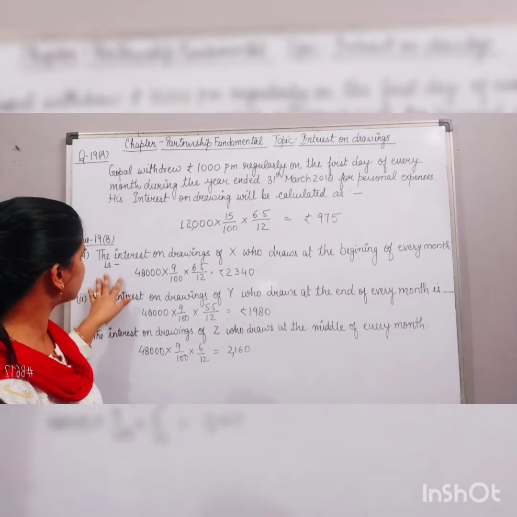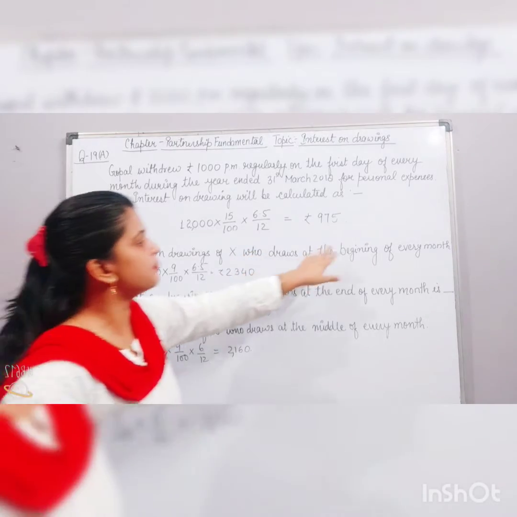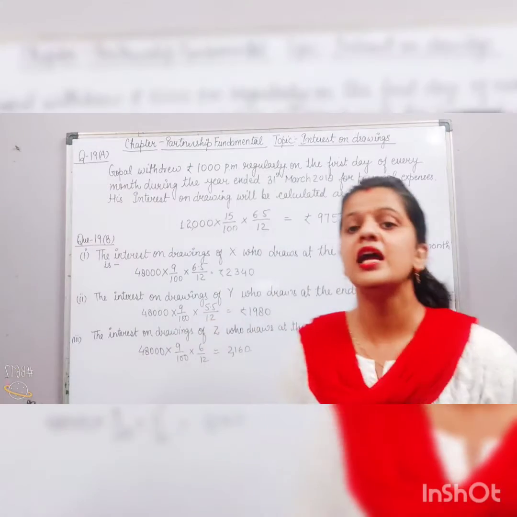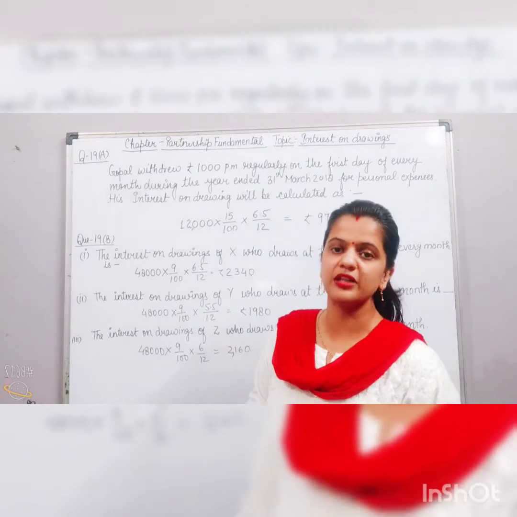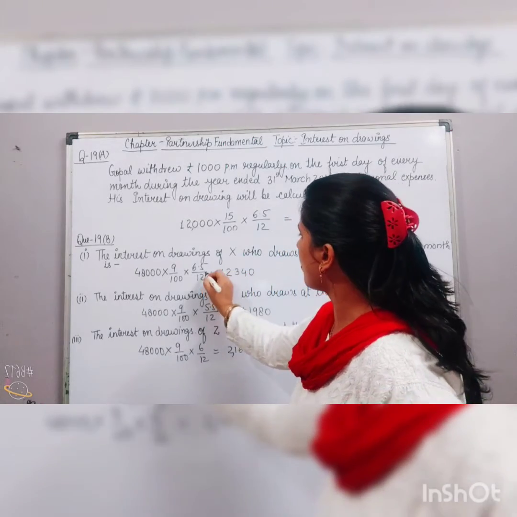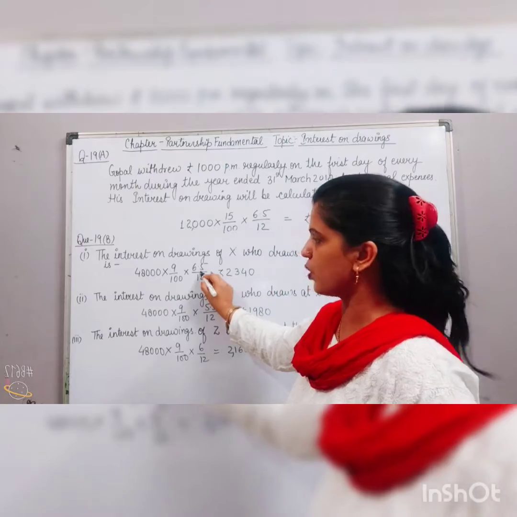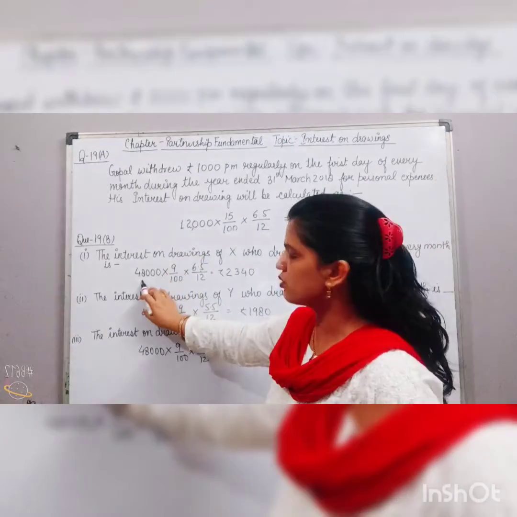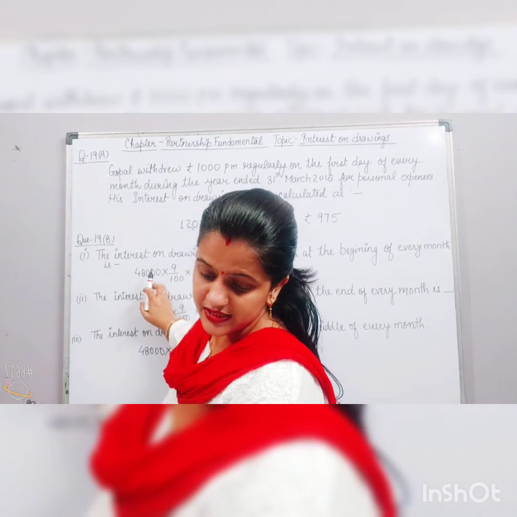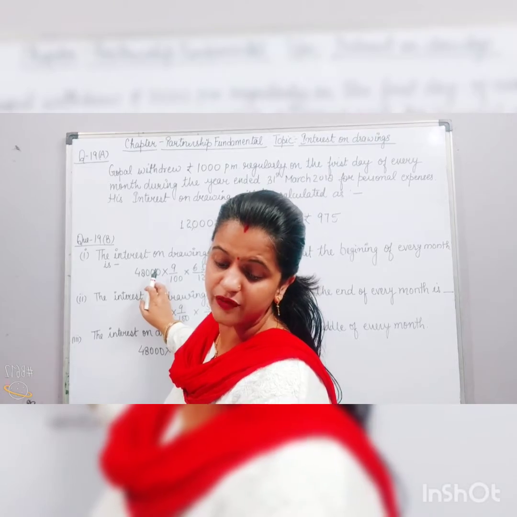In the first case, what is being asked is the interest on drawing of X. X draws at the beginning of every month. If anyone is withdrawing the amount at the beginning of every month, the average period will be 6.5 months. The question says he draws 4,000 from the firm at the beginning of every month.